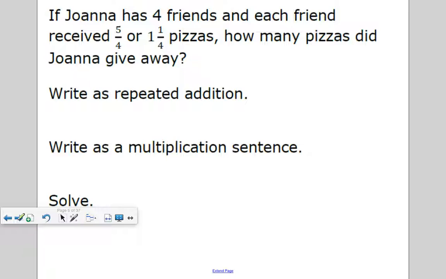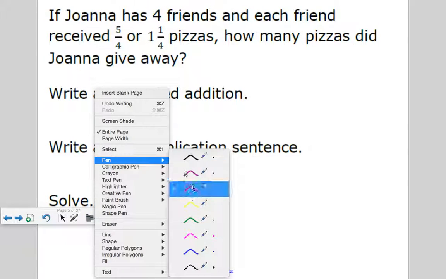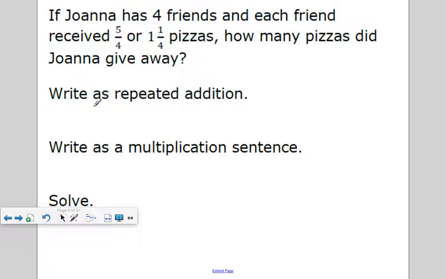So if Joanna has 4 friends and each friend received 5/4 or 1 1/4 pizzas, how many pizzas did Joanna give away? Write as repeated addition. So she gave 5/4 to her first friend. She gave 5/4 to her second friend. She gave 5/4 to her third friend. And she gave 5/4 to her fourth friend.